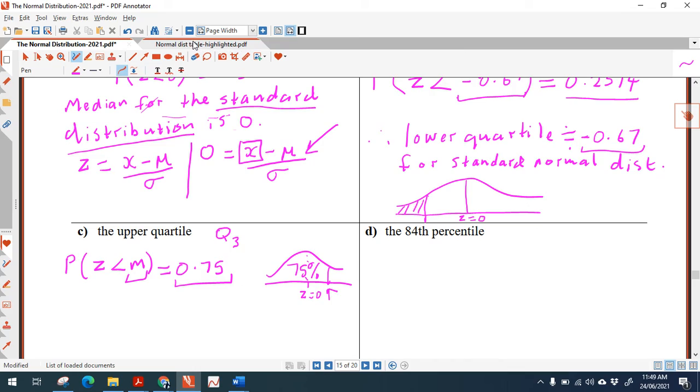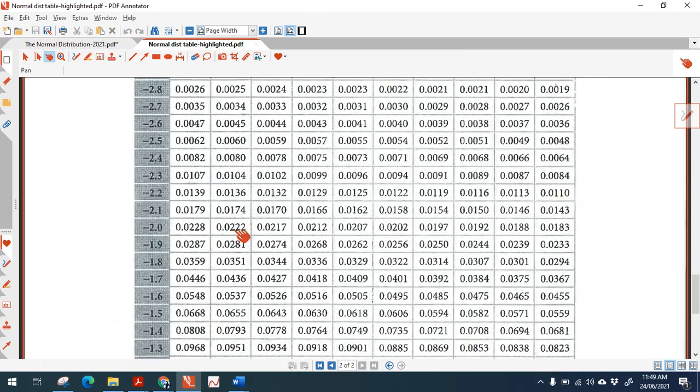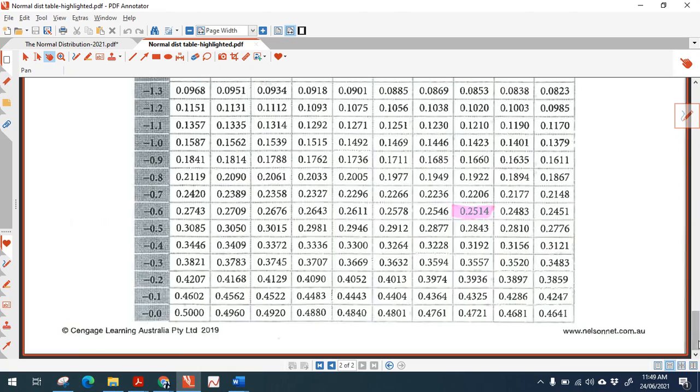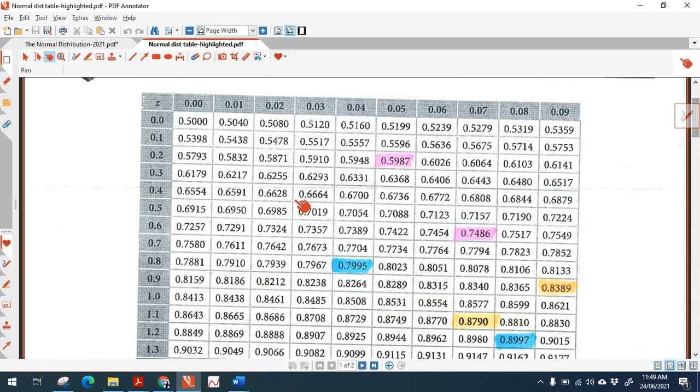So let's have a look. Go back to the positive area. I'm looking for 0.75 here, aren't I? Not there. Here is the one I want. In fact, it's not exactly 0.75, but it's closest to 0.75.